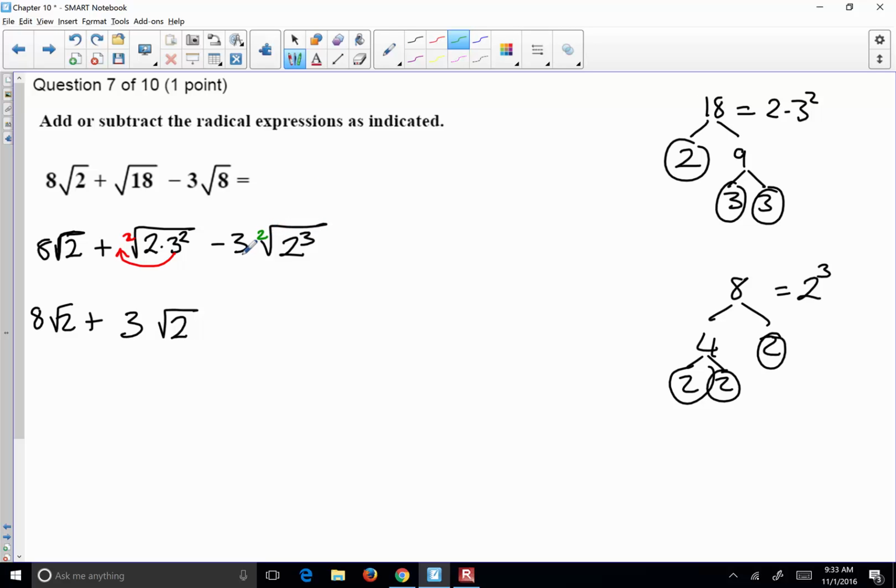So how does this come out? How did we do this yesterday? If the power is more than the index, we do this. Take the money the prisoner has, divide by the money the guard wants. How many times does 2 go into 3? 1. 2 times 1 is 2.